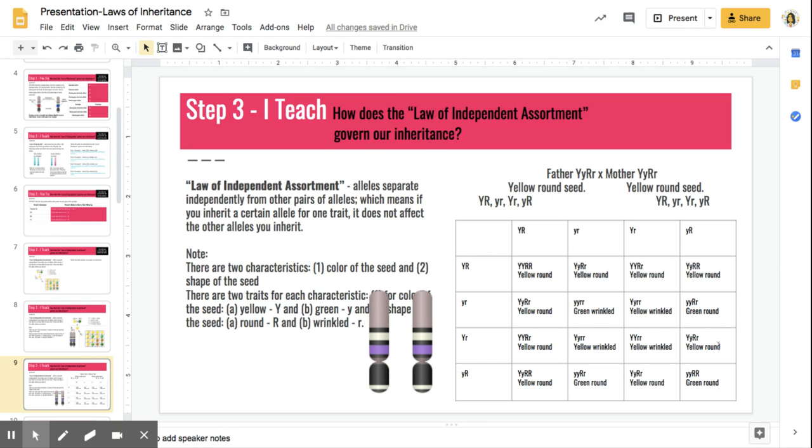So those are the possibilities. So in the next slide, you are going to predict the possible genotypes of the offspring, given all the possible alleles of the parents.